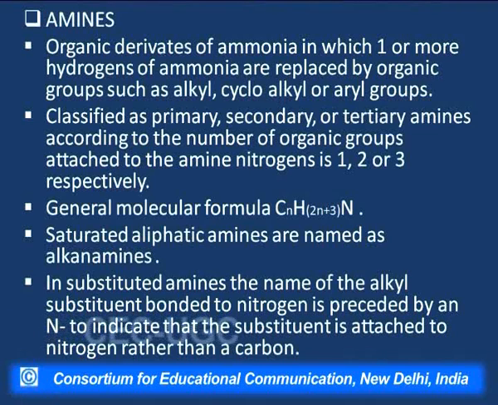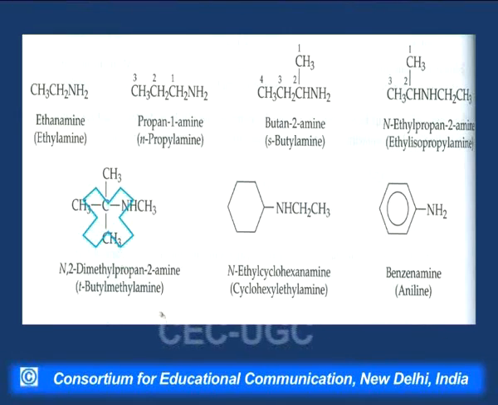Interestingly, these primary, secondary and tertiary amines are functional isomers. Remember, initially we had discussed primary, secondary and tertiary alcohols. They are not functional isomers because in them the functional group is the same, that is OH. But if you look into these examples, the first example is a primary amine where the functional group is NH2.